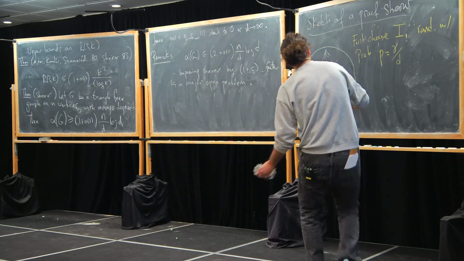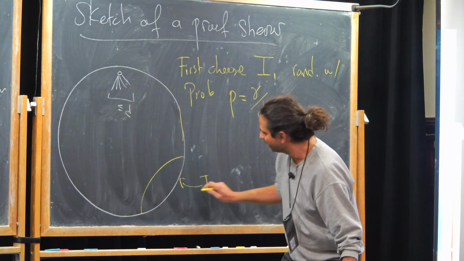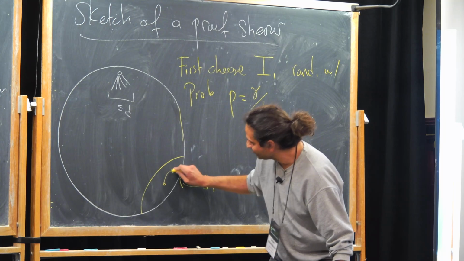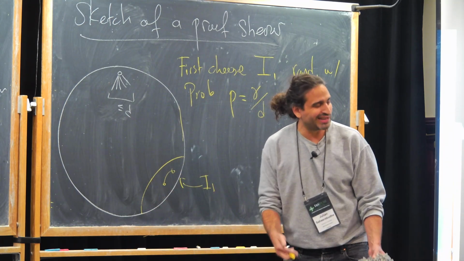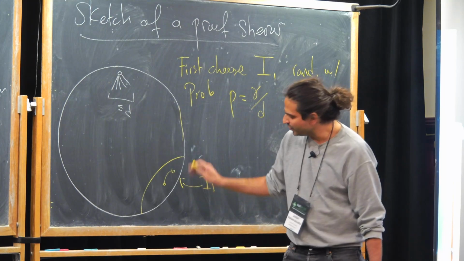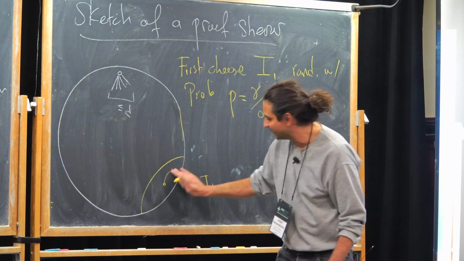So what does that mean? When I take my first nibble, I1, the expected average degree of this graph is like 1. It's close enough that you can obviously just clean it up. Let's just for now pretend it's genuinely an independent set.